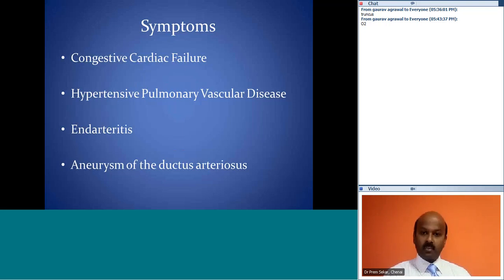Endothelial dysfunction and platelet activation also compound the issue with obliteration of the pulmonary arterioles and increase in pulmonary vascular resistance.